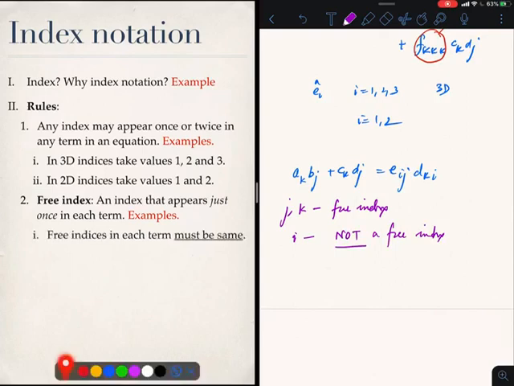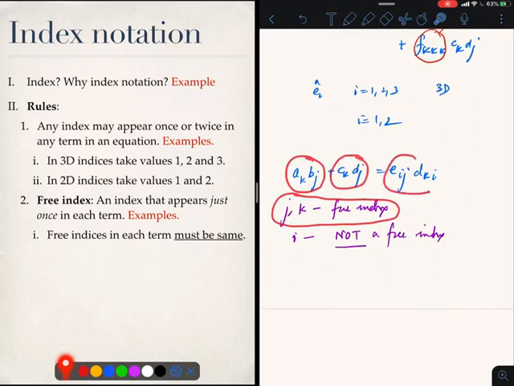Now the second thing said over here is that the free indices in each term must be the same. What that means is that we have said j and k are the free indices. Every term must have the same set of free indices.